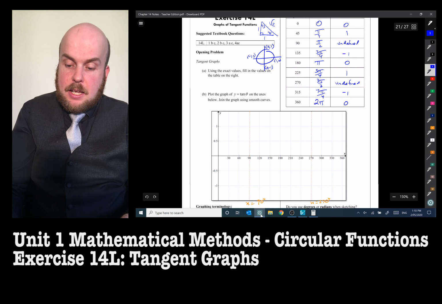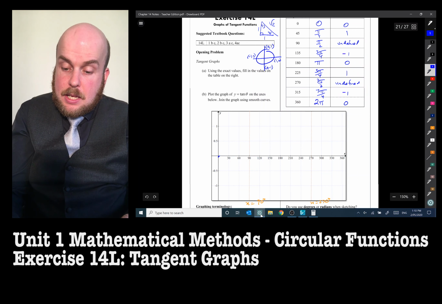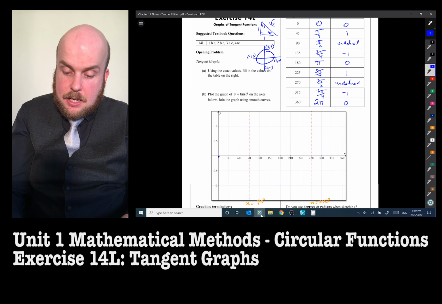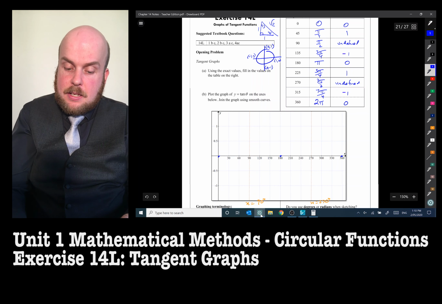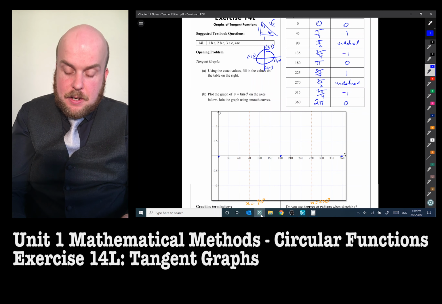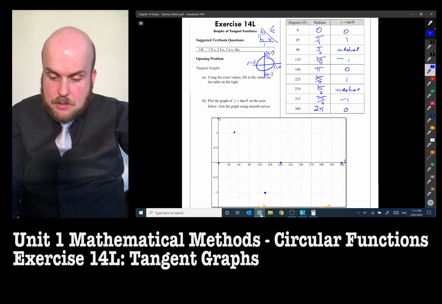At 0, 180, and 360, we get an x-intercept here. At every 45 degrees, which is about here, well, between 30 and 60, 225 is here, that'll be at 1, and then 315 is at -1.